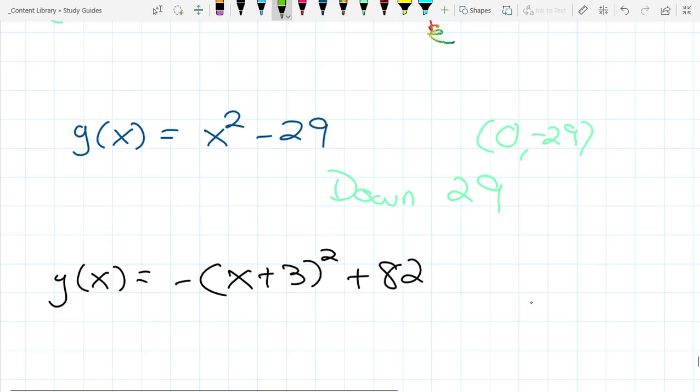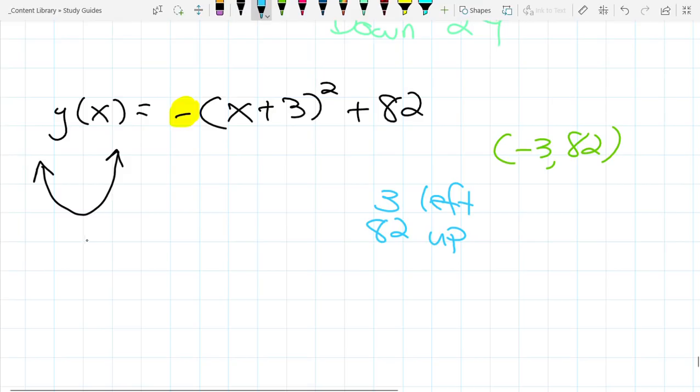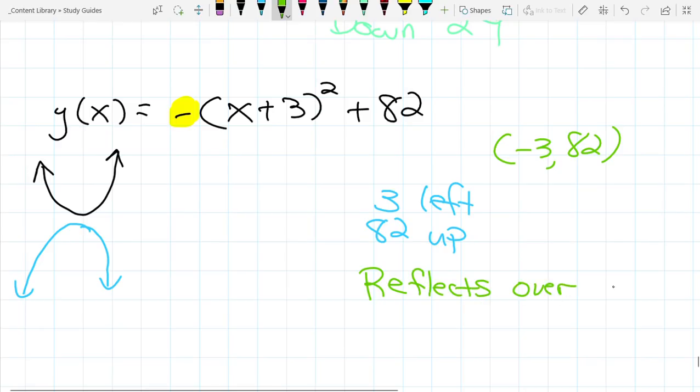If we were to write the vertex, it is negative 3, 82, which means you went 3 to the left, you went 82 up, but here, this negative sign takes your regular smiley face parabola and makes it go in the opposite direction. We cannot say it flips upside down, or that it makes it go down. Instead, we say it reflects over the x-axis. And that would be your final answer.